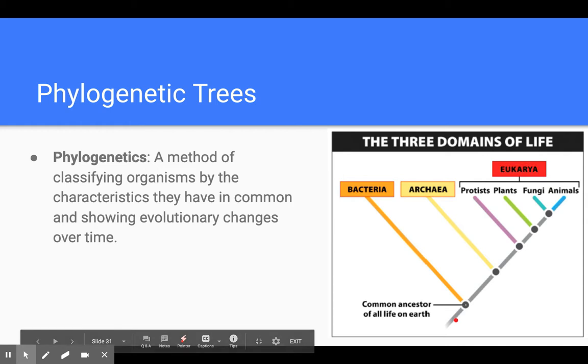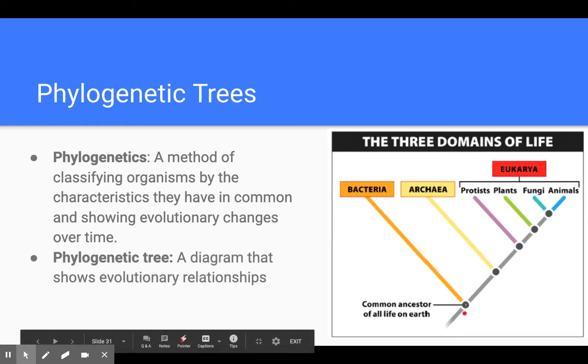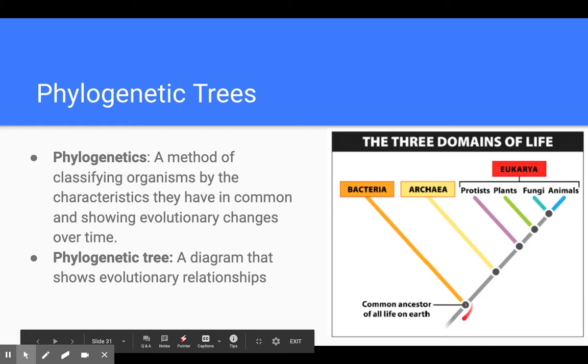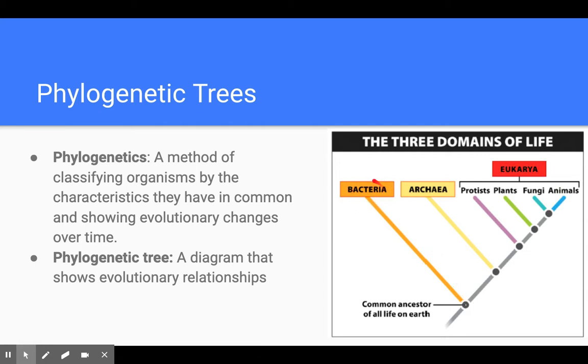So when you're reading phylogenetic trees, let's go ahead and define that. A phylogenetic tree is a diagram that shows evolutionary relationships. When you read phylogenetic trees, the thing that is the lowest is typically the oldest. So bacteria were the oldest things to become species.